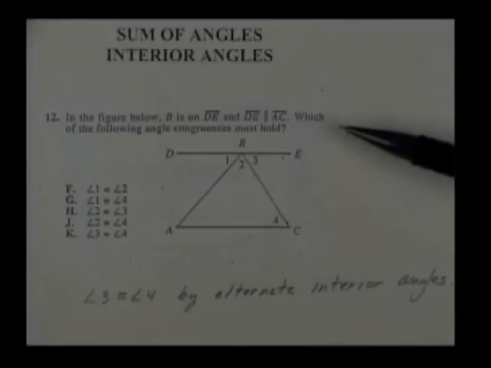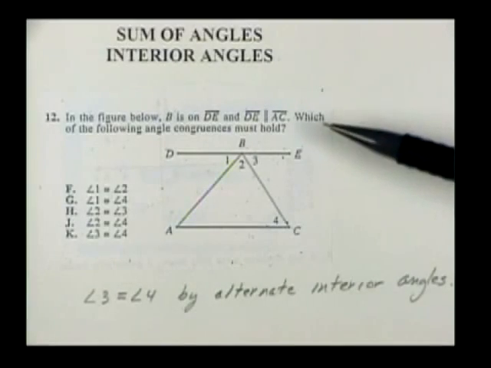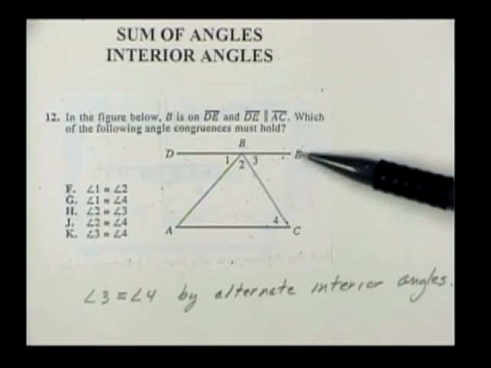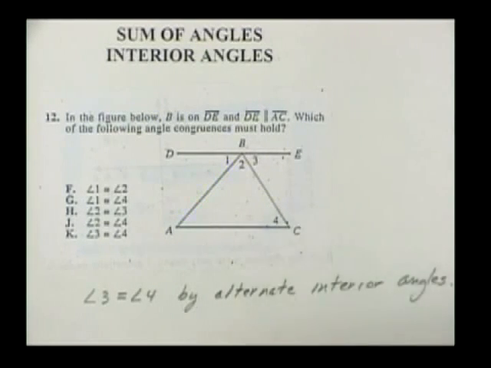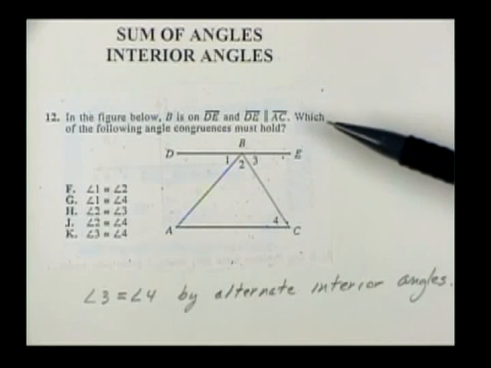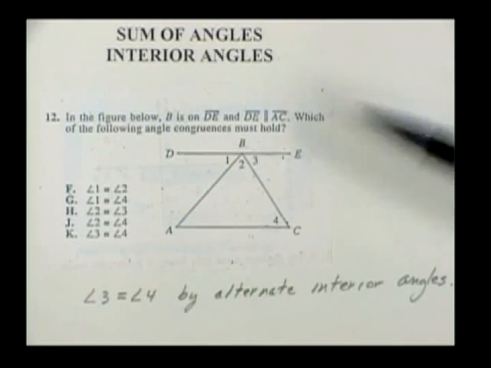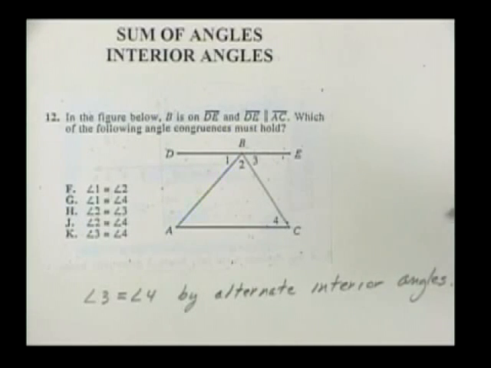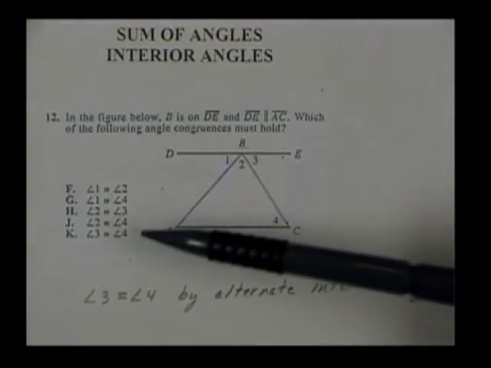Choice D. In the figure below, B is on line segment DE, and the line segment DE is parallel to the line segment AC. Which of the following angle congruences must hold? Angles 3 and 4 are alternate interior angles. They are equivalent. Choose K.